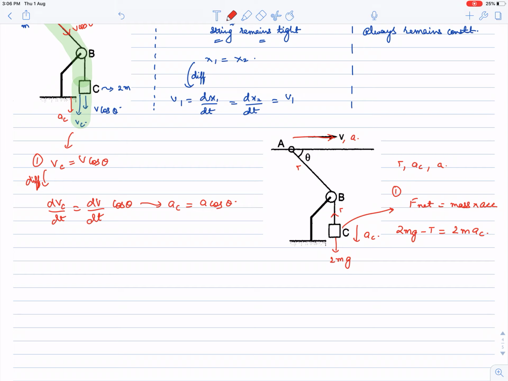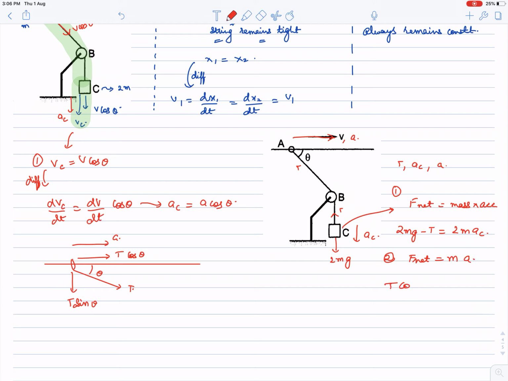If you see my second equation, this is the horizontal setup where this is the bead and it experiences a tension T over here at an angle equal to theta. So this tension T can be resolved into two components, one T cos theta, another T sin theta, where this setup moves forward with an acceleration equal to a, such that for the second block the net force is equal to mass into acceleration.